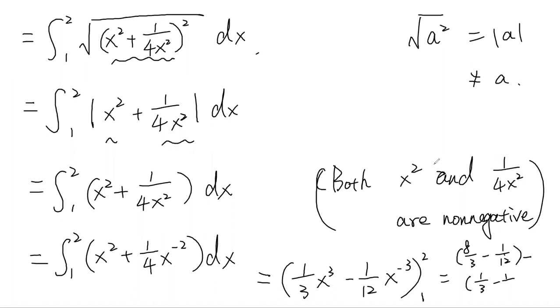Right, this one's not 1/12. The first one is, let me see, that's 1/96. So x to the -3. So it's 2 to the -3, which gives you 1/8. Multiplied by 1/12, you get 1/96. Second term is 1/12.